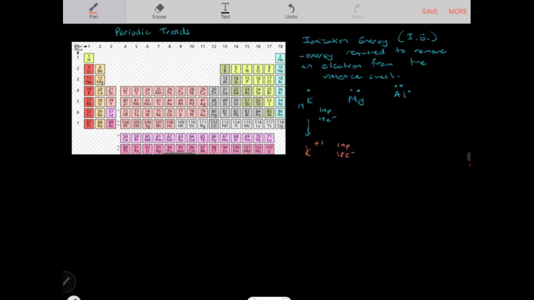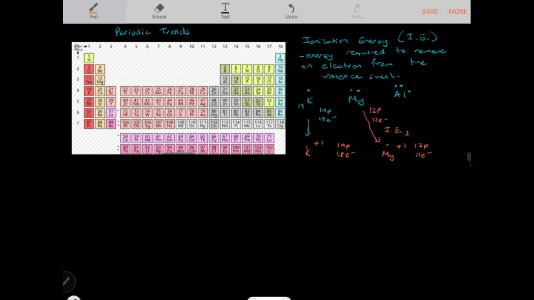If we take a look at magnesium, this guy has 12 protons, 12 electrons, but there are 2 valence electrons. So if I remove one of the valence electrons, then we're going to get Mg+. Right now it has 12 protons and 11 electrons, right? And this ionization energy is called the first ionization energy.